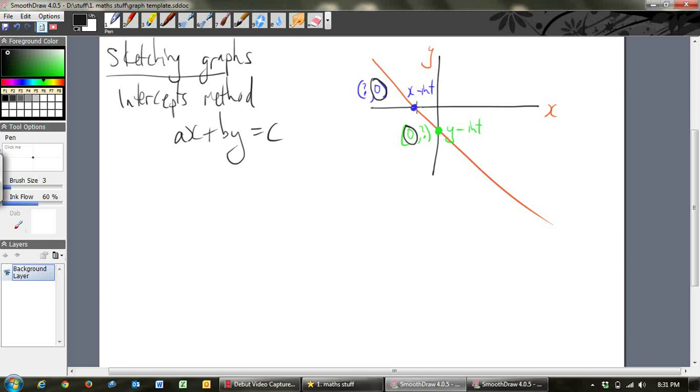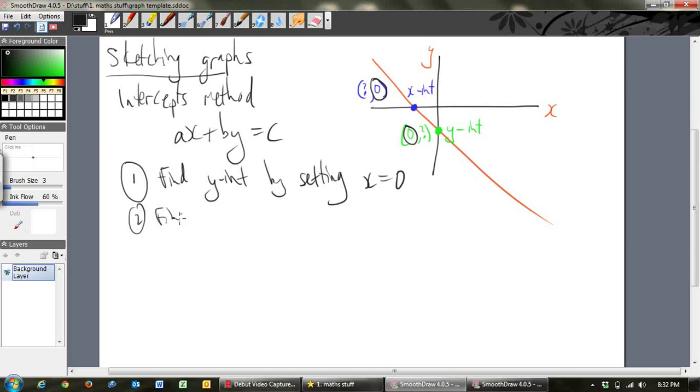All you need to do is find the x-intercept, find the y-intercept, and draw a line between them, and you're done. So the method is this. First, find the y-intercept by setting x equal to 0. If x is equal to 0, what's y equal to?